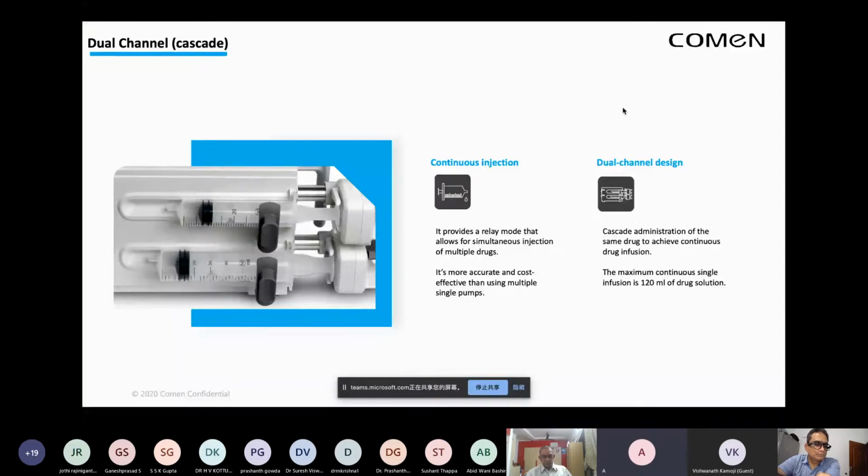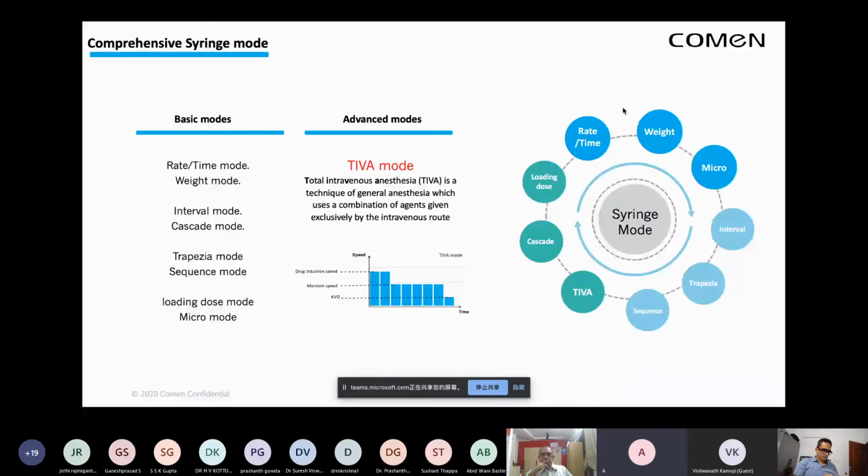They can automatically do continuous injection. When one finishes, the second one automatically starts, until the full process of the syringes is finished. So this is the dual channel design.